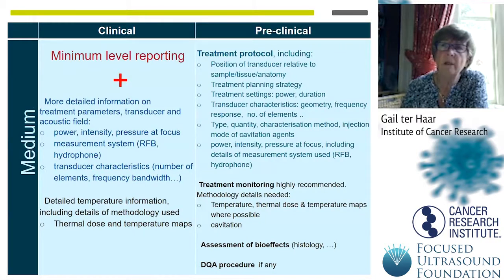And if we look now at the medium level, we would expect the minimum level of reporting at least, into which we want to add more detailed information. So these are for clinical studies, more detailed information about treatment parameters, the transducer and the acoustic field. So we need to know what's happening at the focus in terms of power, intensity and pressure. And how is the power being measured?